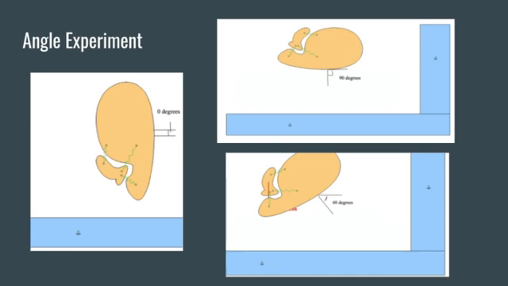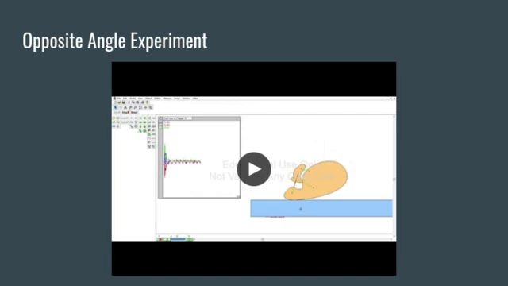The dependent variable was the total force on the scaphoid in newtons. Controlled variables were the height of the model and the angle of the block or the surface. The angle experiments involved rotating the model counterclockwise. On the screen you can see how the angle experiments at 0 degrees, at 60 degrees, and at 90 degrees were designed.